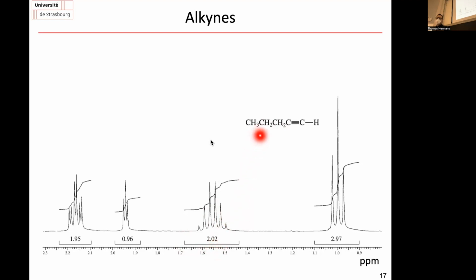We also are going closer to the alkyne, so we're shifting more downfield. So this one is integral 1, so it's this one, right? It's the alkyne hydrogen. But then what is this weird thing here? Is this a sextet or what is it?